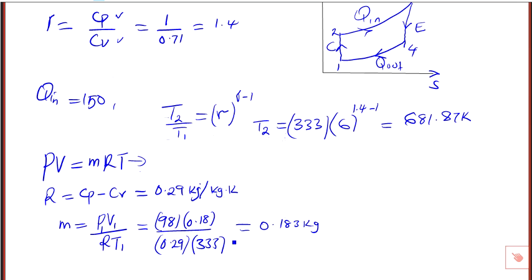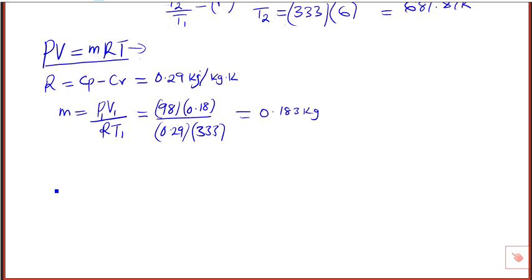Now from this formula here, we can get the value of temperature T3, because we know that Q in is the process from 2 to 3, which is the same as mCv into T3 minus T2.